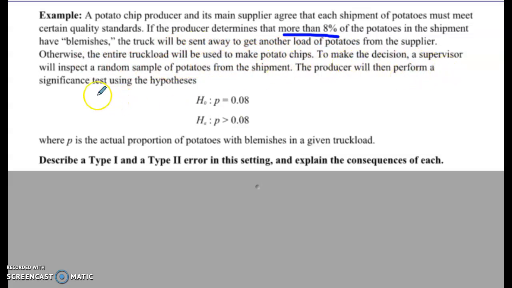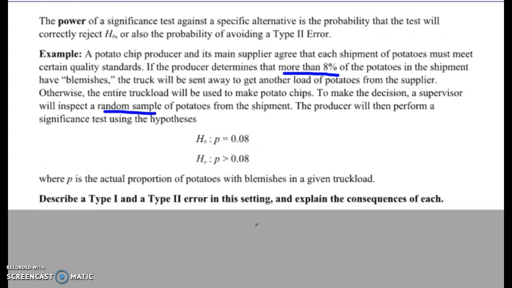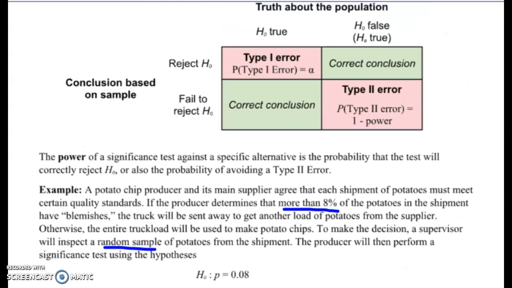To make the decision, a supervisor will inspect a random sample of potatoes. The producer will then perform a significance test using these hypotheses. So the null here is saying we expect there to be 8% blemishes on these potatoes. The alternative, what we're interested in, not necessarily what we don't want, is there to be more than 8%. So a type 1 error here, let's go back and review what a type 1 error is.